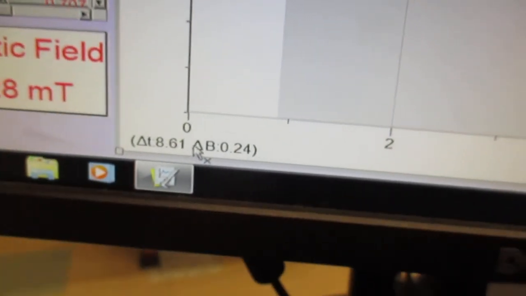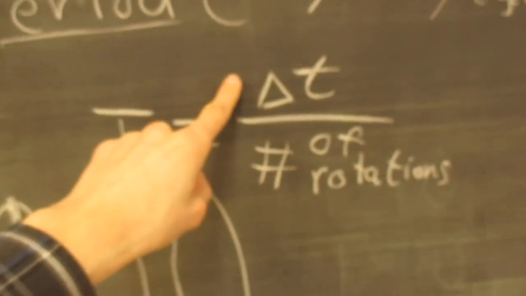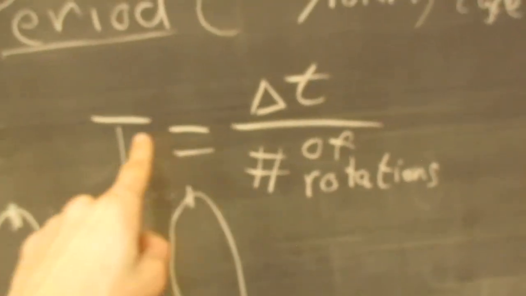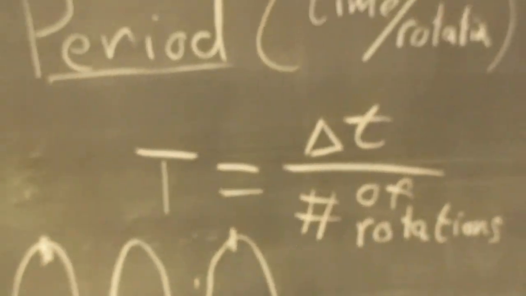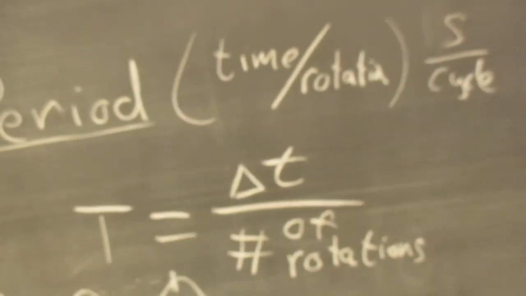We can read off the time here, 8.61 seconds. That's the time for 10 oscillations. We can divide that by 10 to give us our period of rotation. That's kind of an average of all 10 rotations.